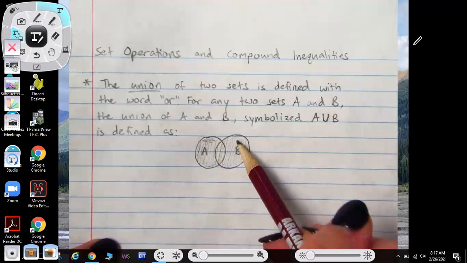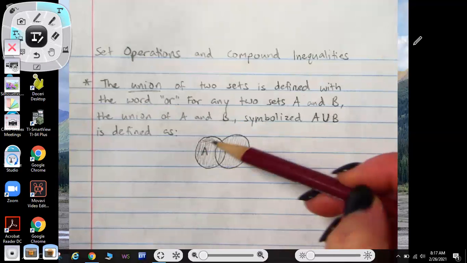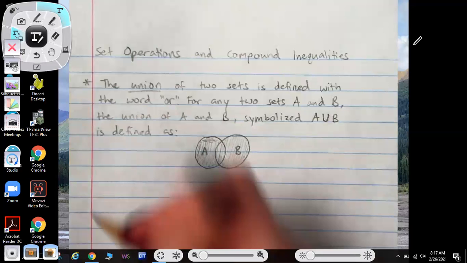It's not just the numbers that they have in common, it's all the numbers. Any number that's only in set A, it doesn't matter, it's in the union. If it's only in set B, it's still in the union. Let's look at an example.